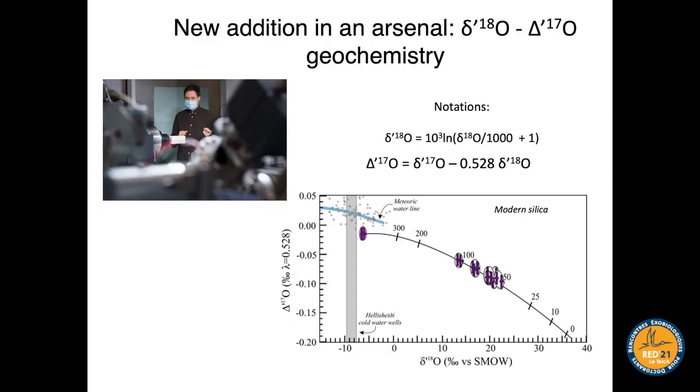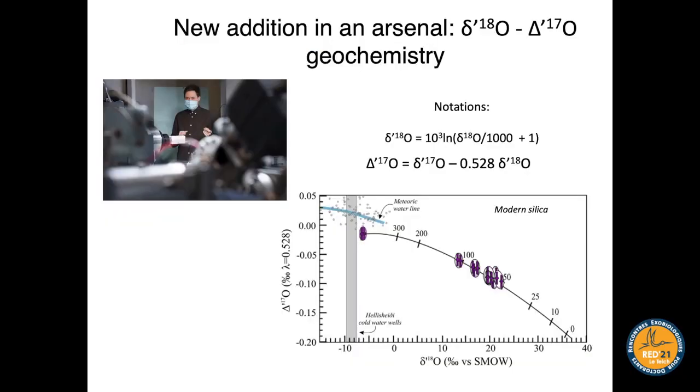And that has been done by David Zakharov, here in the picture. The notation that I was using before was the delta 18O, and now I will discuss what we call the cap 17O, which is due to this equation here, the difference between the composition of the delta 17O and the delta 18O, taking into account the mass-dependent fractionation.